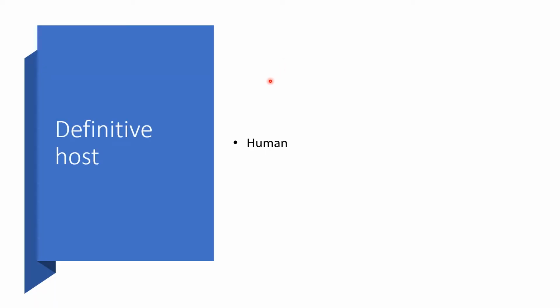We'll be dealing with two types of hosts, the definitive host and the intermediate host. The definitive host is where there will be sexual reproduction and the life cycle of these parasites will be completed. The human host, particularly children, will bear the burden of the worm.